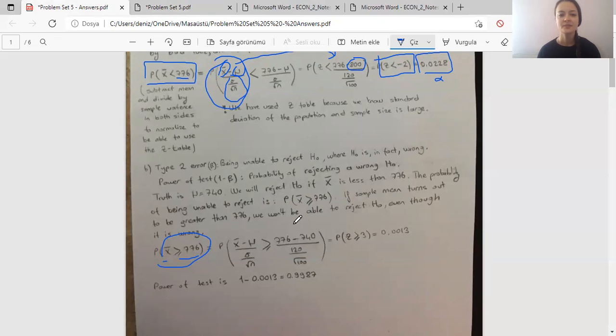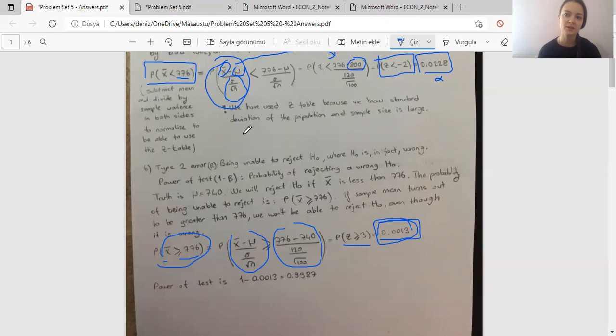And then we get this inequality. Now here, when we do the simplifications here, we are seeing that we're asked probability of Z is greater or equal to 3. And this probability is, just by looking at the table, 0.0013.